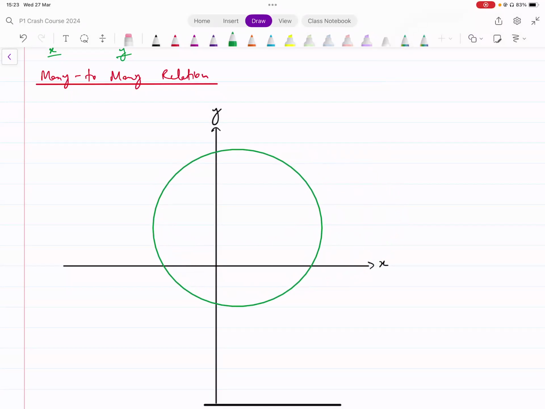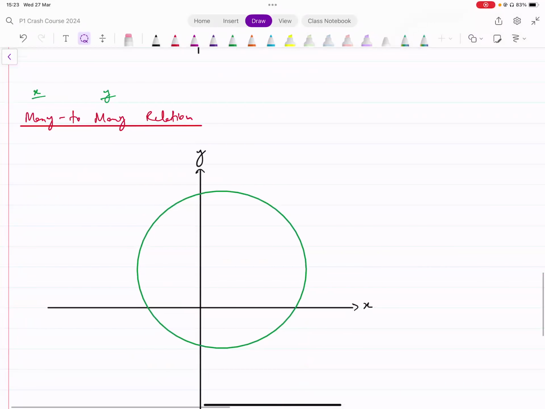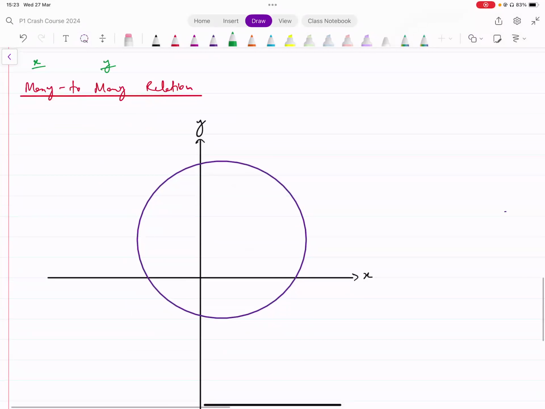You will be doing equations of circle later on. Now, in a circle, you could say you have multiple values of x that can give you one single output. So for instance, I could take one value of x here. This x can give me one y here. Let's call this y1. And it could give me another y here. There are two values of y that I get as a result of x here. And similarly, one value of y could also give me multiple values of x.